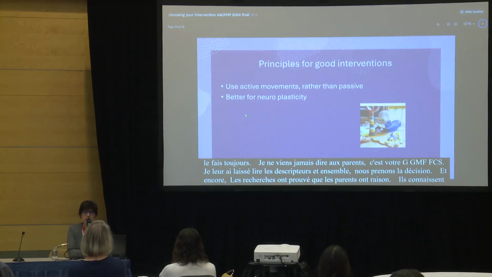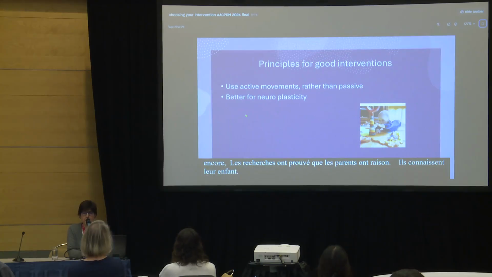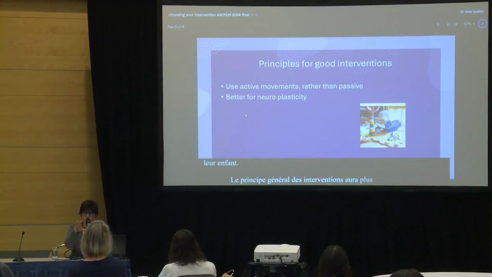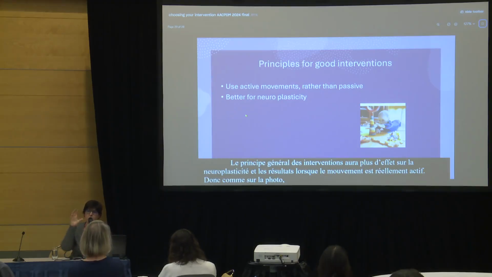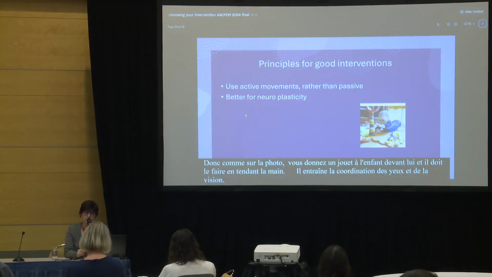General principle, the interventions will have more effect on neuroplasticity and outcomes when the movement is actually active. So, like in the picture, you give the child a toy in front of them and they need to do this reaching out. It trains their eye, vision, coordination, the amount of power they have to invest, and that gives for better intervention.